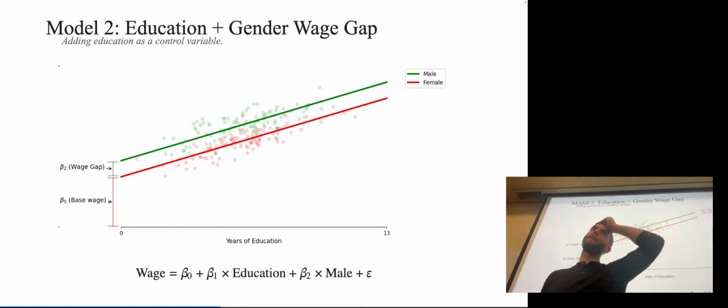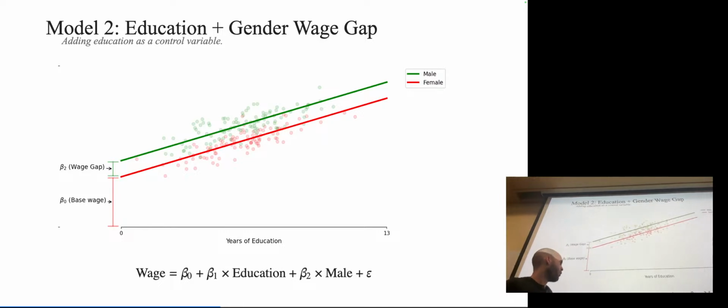Did anyone write this down? So we have wage as our y variable. We have beta 0 as the base wage, so everyone coded as 0. We have beta 1 multiplied by education. So this on its own is the model we ran last time. Just an intercept, a slope coefficient on education. But then in addition to that, we're including this.